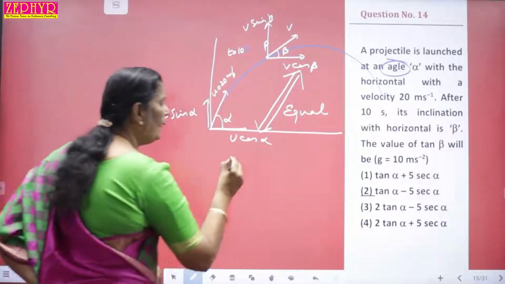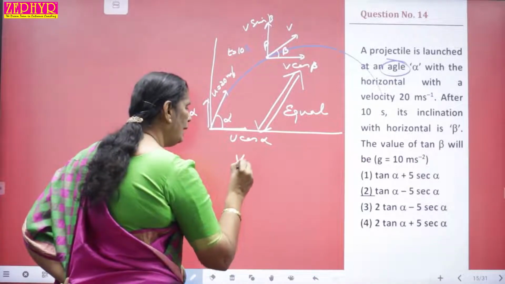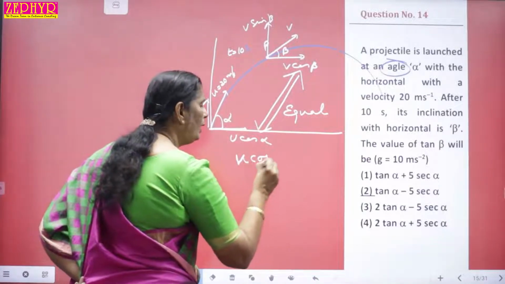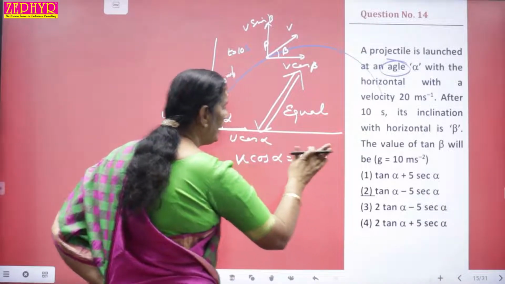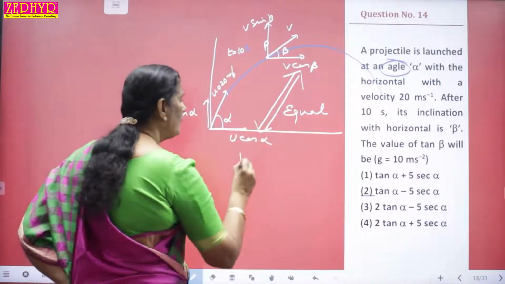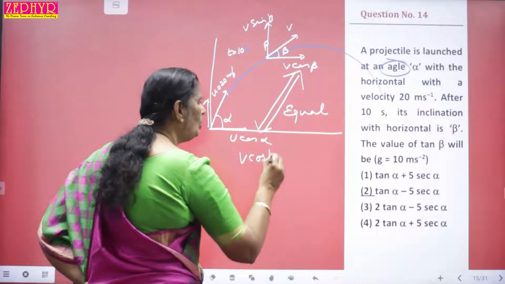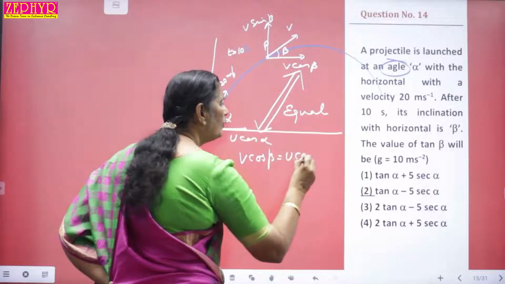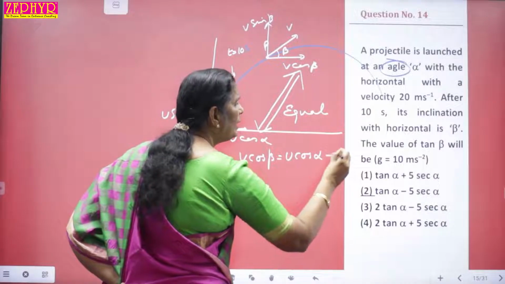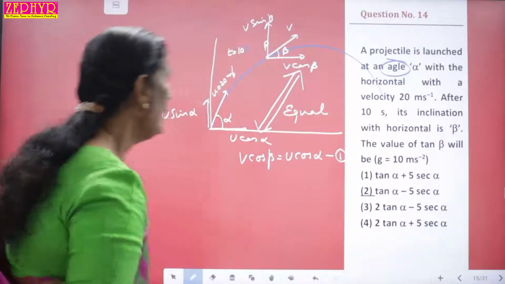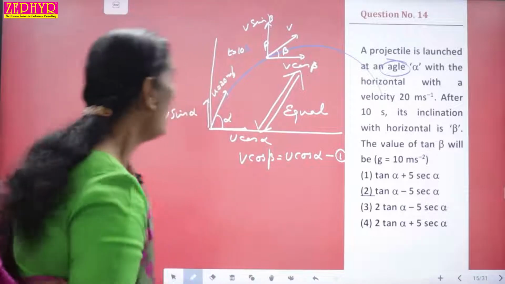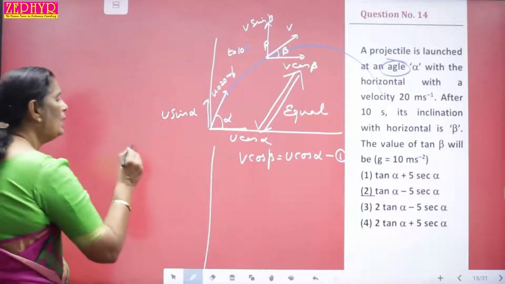So we can say u cos alpha will be equal to v cos beta. I think I can write it in another way: V cos beta is equal to u cos alpha. Call that the first equation, because horizontal component velocity will always be constant. But the vertical one changes. How do you write the vertical equation?